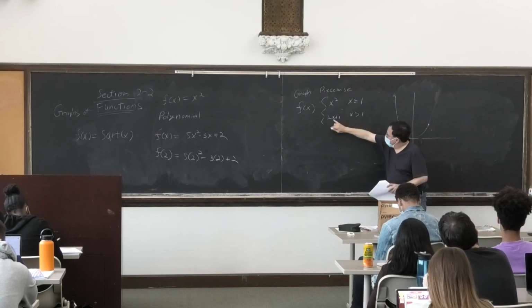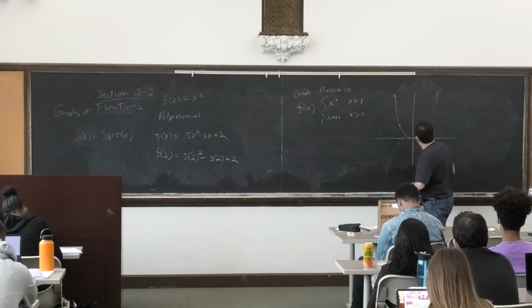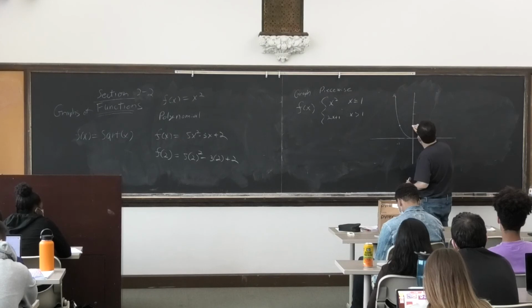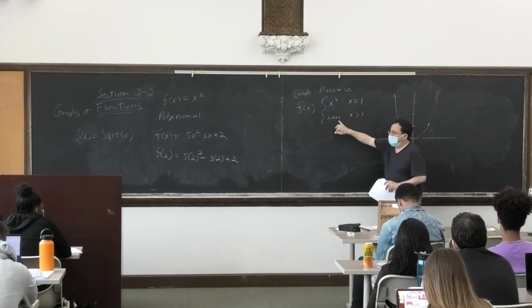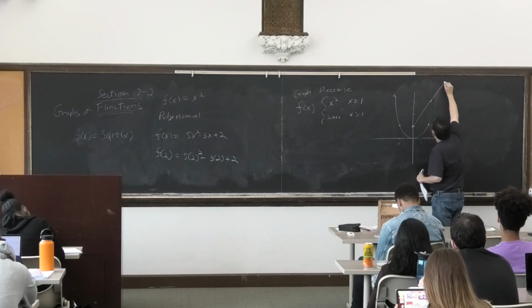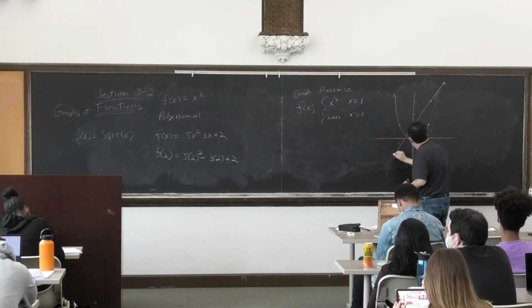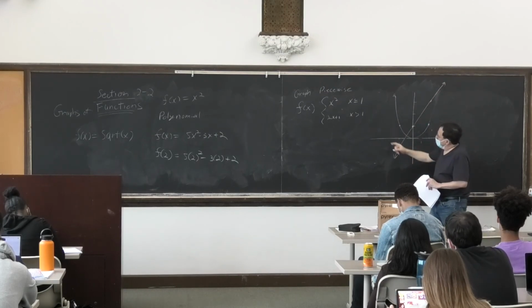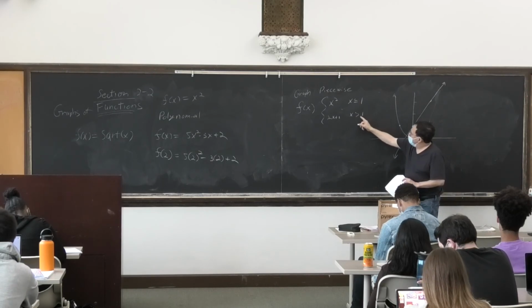And then I might want to graph this line, 2x plus 1. Well, its intercept is 1, and its slope is 2. Except I really only want this function for x greater than 1.